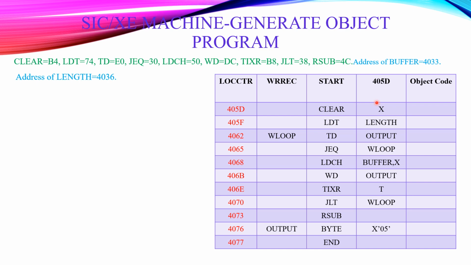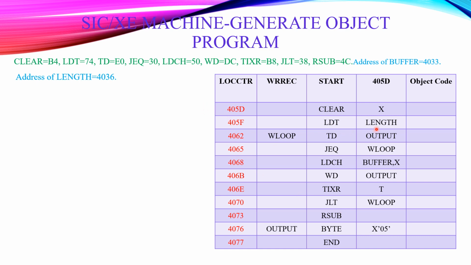Next, for finding the location counter of the next instruction, we need to check the type of instruction. Depending upon the type, we add bytes to the location counter.